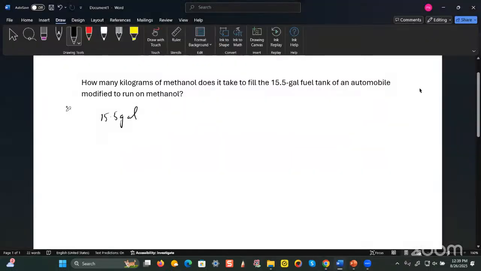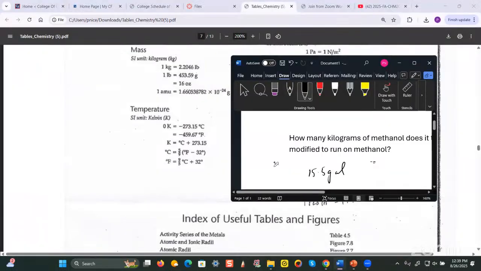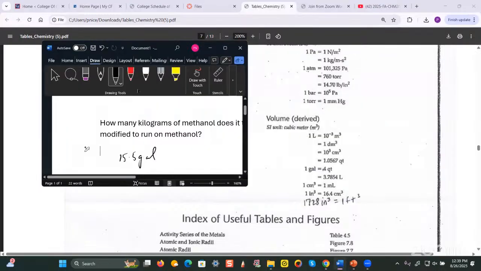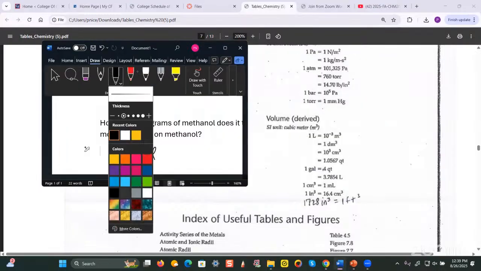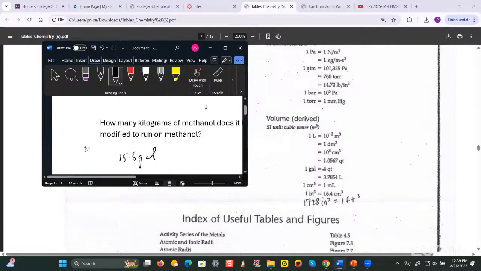So what I would do is multiply this by 3.7854 liters over 1 gallon.